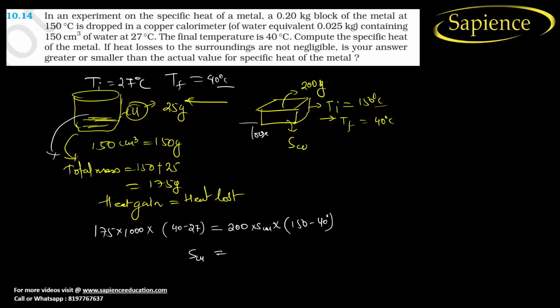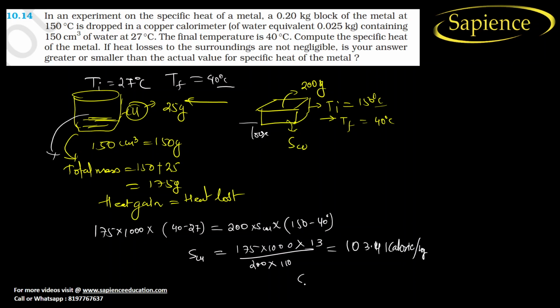The specific heat of the copper is how much? 13 into 1000 divided by, sorry, before that I should multiply. So this will be 13 divided by 200 into 110. So finally we will get 103.41 calorie per kg Kelvin.